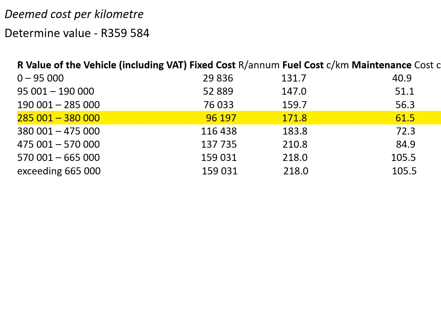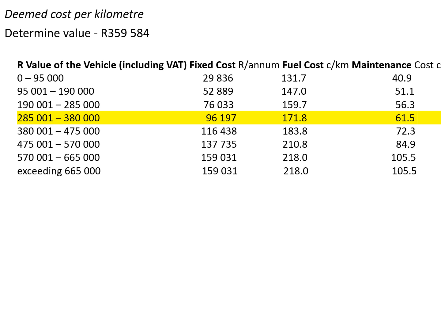Now we're looking at the deemed cost per kilometer calculation, and the determined value of Penny's vehicle is 359,584 Rand. Then we go to the deemed cost table. So at first it's the value of the vehicle including VAT. It's always including VAT.